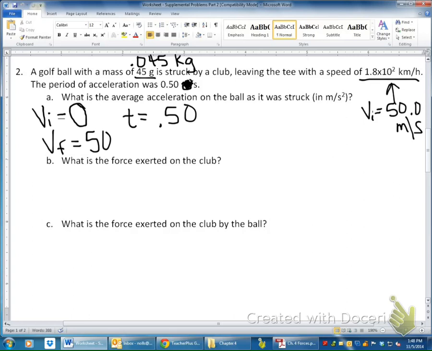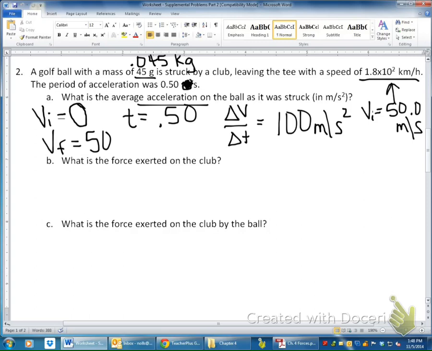Exactly. You could do VF equals VI plus AT, or you could do delta V over delta T. Either way, it works out the same. What'd you get? 100. And if we're solving for acceleration, what does that mean our units should be? Meters per second squared.